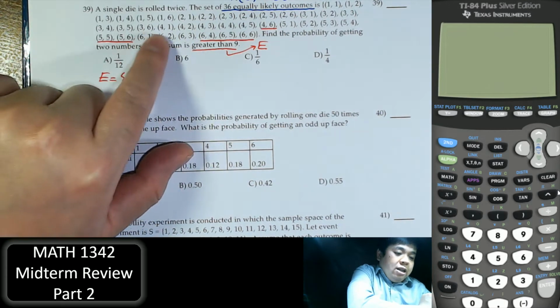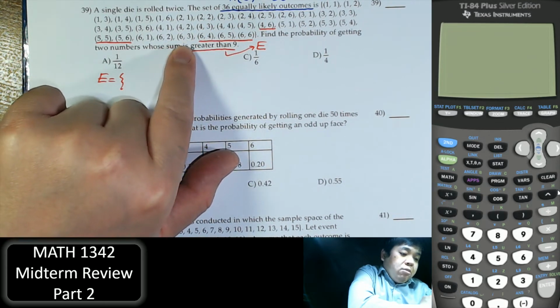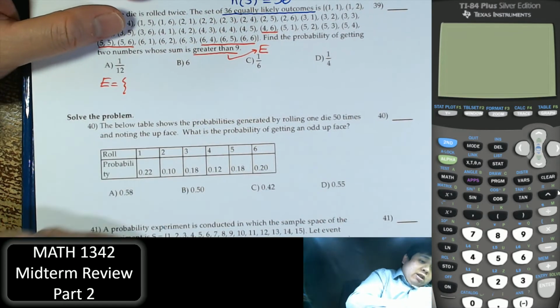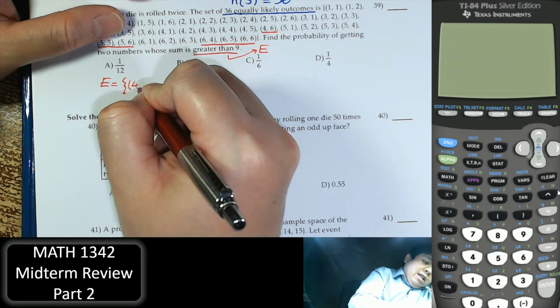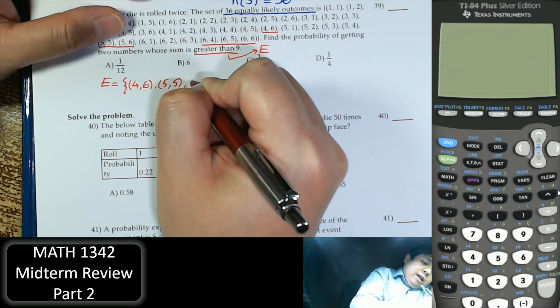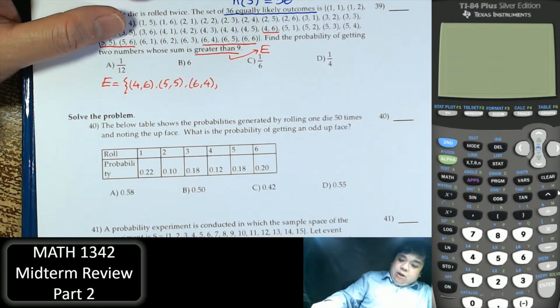Every other case, the sum adds up to a number less than 10. So only those numbers I underline will give us the sum equal to 10: 4 and 6, 5 and 5, and 6 and 4.